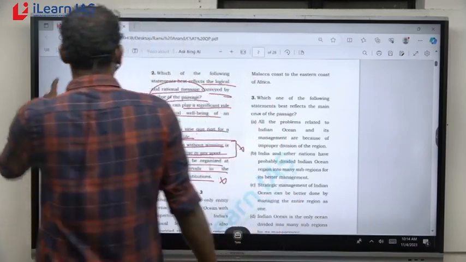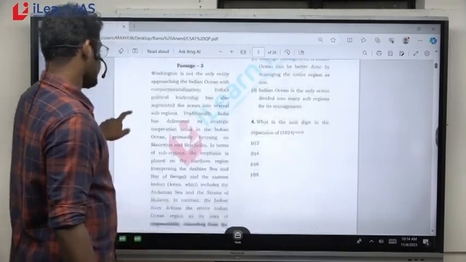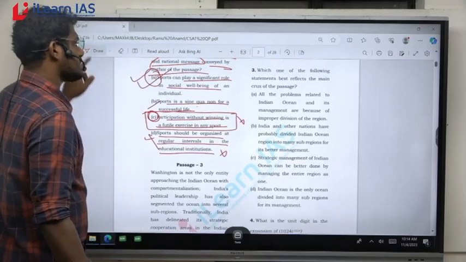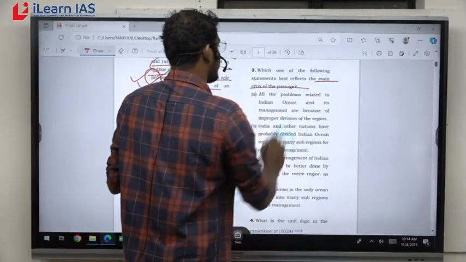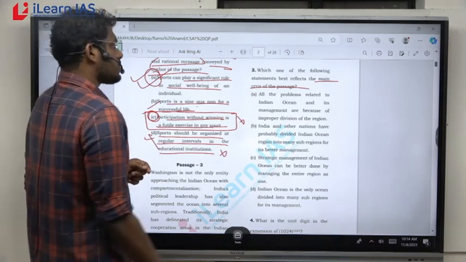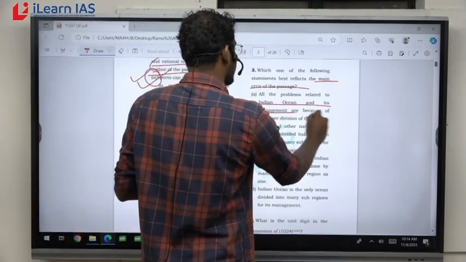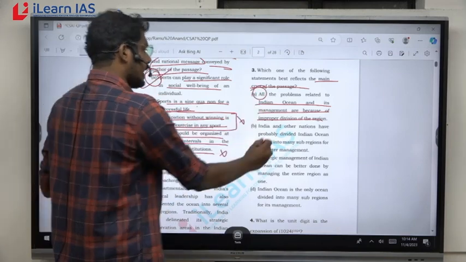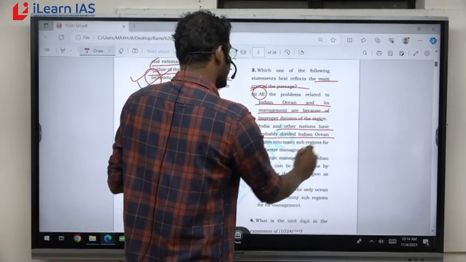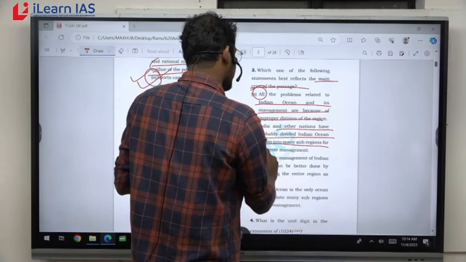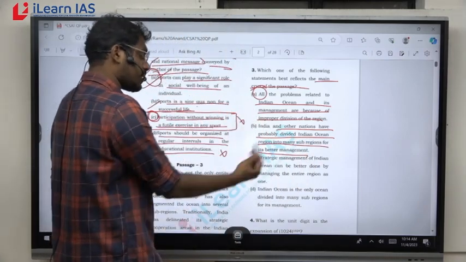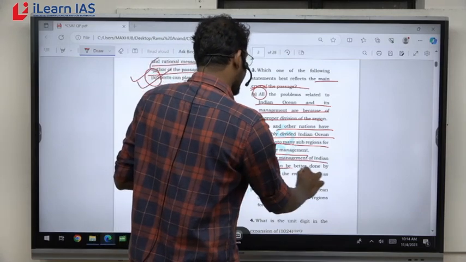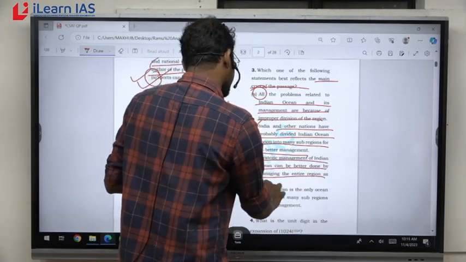Next, moving to the next question. The question is, which of the following statements best reflects the main crux of the passage? All the problems related to the Indian Ocean and its management are because of improper division of the region. Strategic management of the Indian Ocean can be better done by managing the entire region as one.